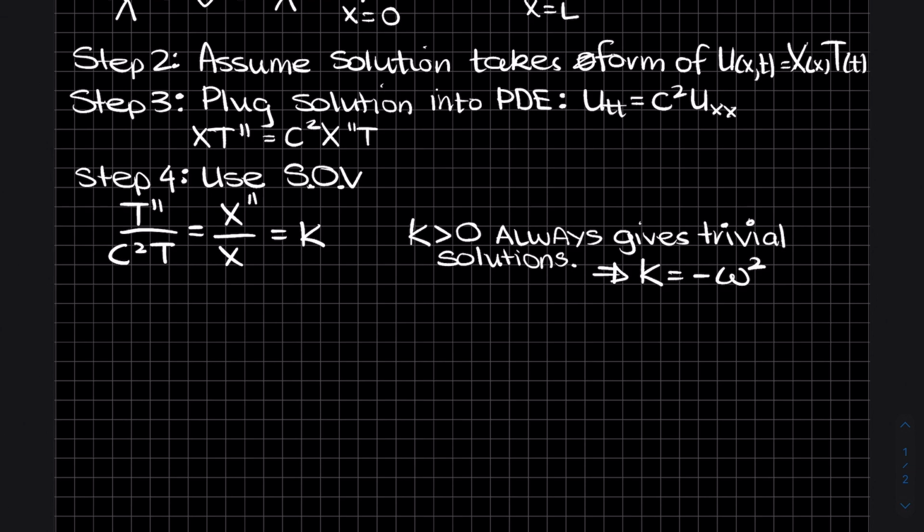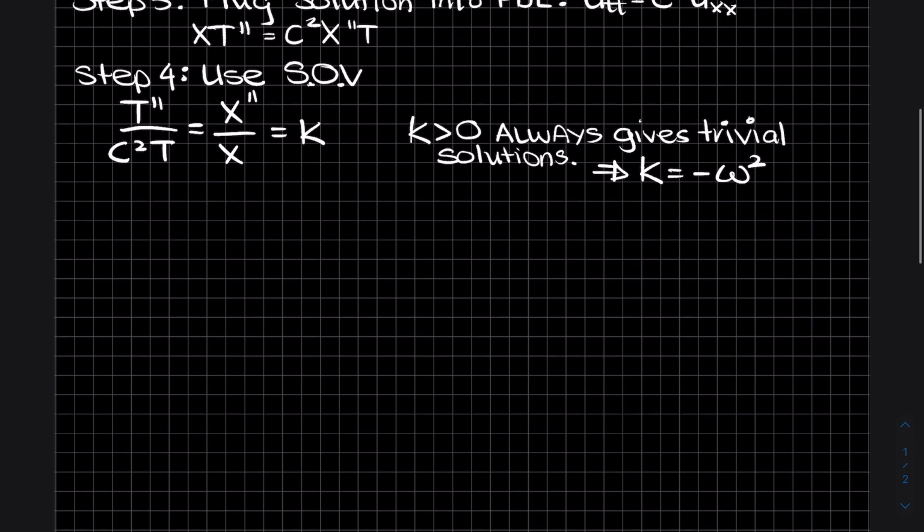You'll come to know when you do more of these that when you're working with Dirichlet boundary conditions, the k equals 0 case will give you the trivial solution as well, whereas with a Neumann condition, it won't. I'll show you what I mean a bit later on, and in the next video when I work on a Neumann boundary condition case, you will see more what I'm talking about there.